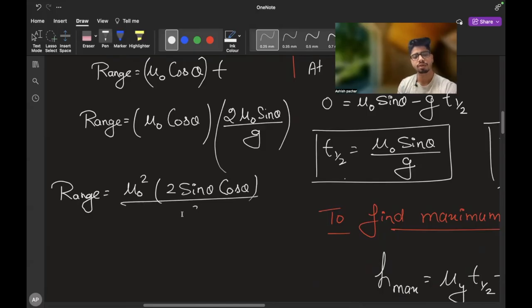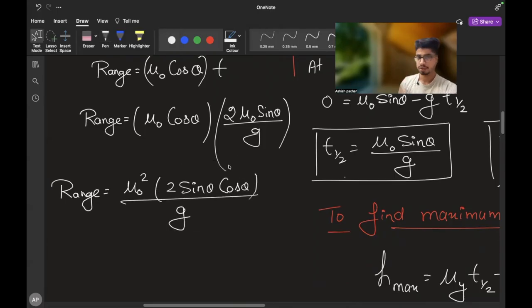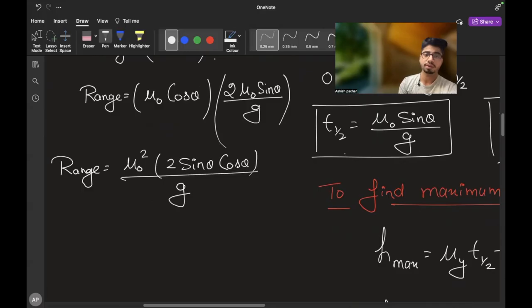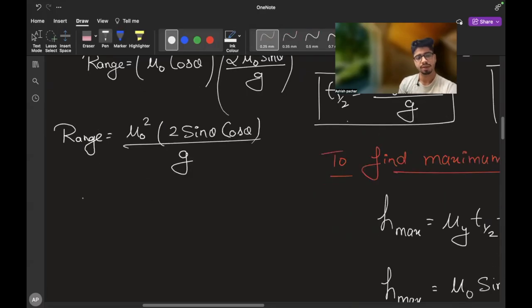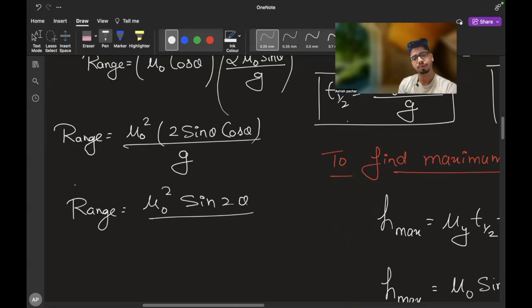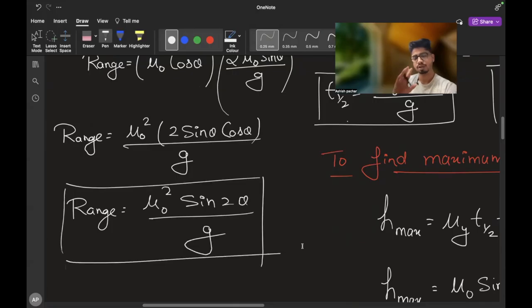And you know the trigonometry formula, which they will provide in the data booklet: sine theta cos theta, that is sine 2 theta, the double angle formula. So this is sine 2 theta by g. This is how you can understand projectile motion.